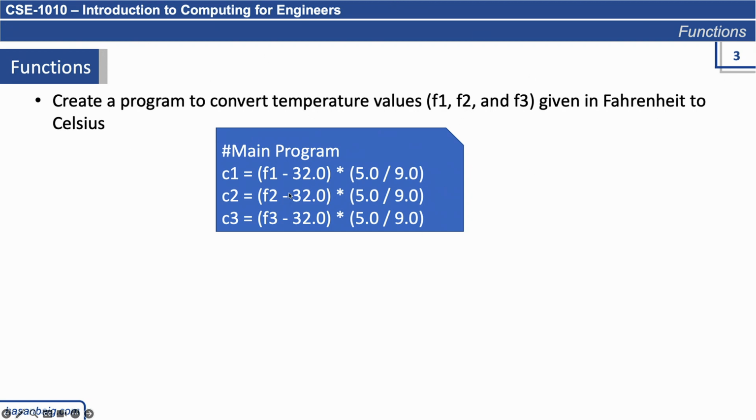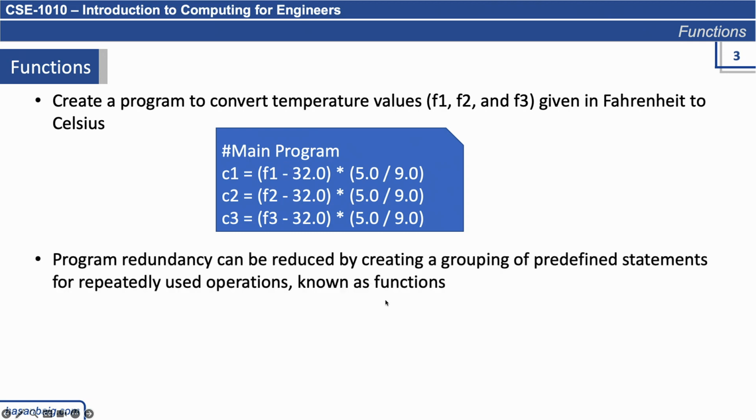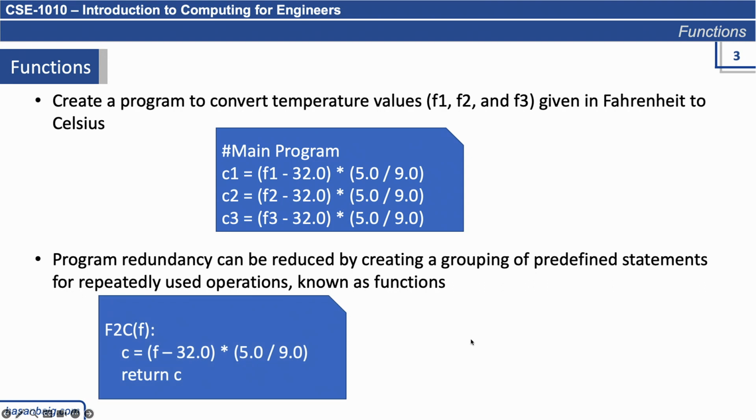Okay. So in order to reduce the redundancy that we have here in the form of the conversion formula, what we can do is write a function. We can give the function any meaningful name, like here Fahrenheit to Celsius.